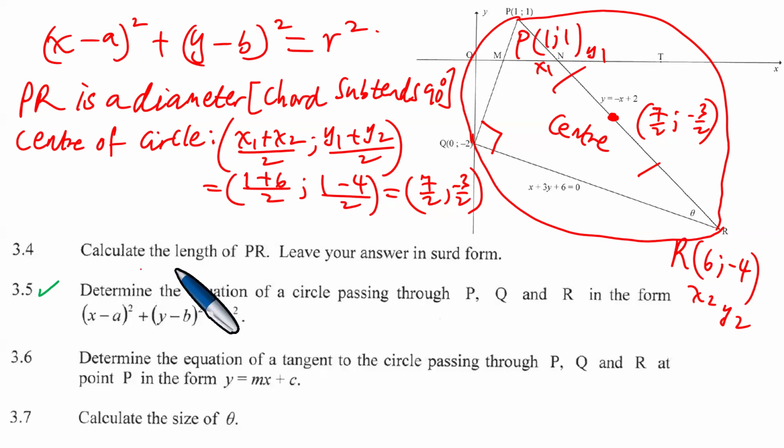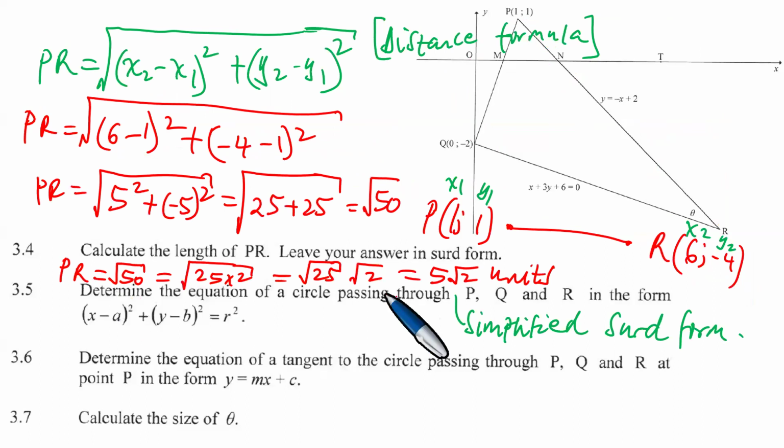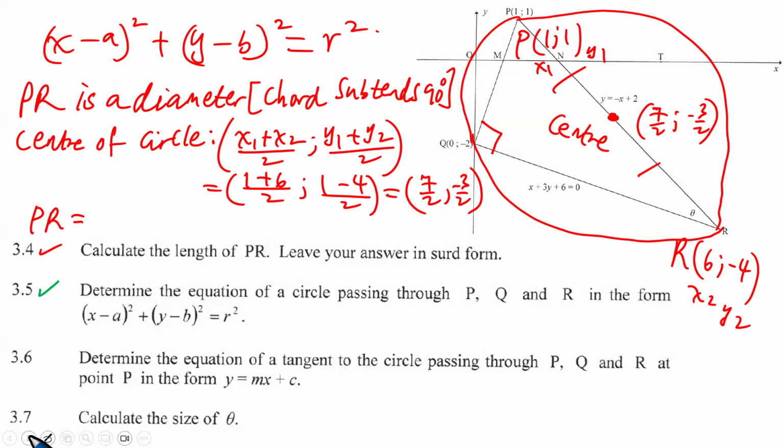Awesome stuff. The examiner just wanted to give this to us. PR was found in the previous question, in simplified surd form, to be 5 times the square root of 2 units. So we continue to state that PR is 5 root 2 units.